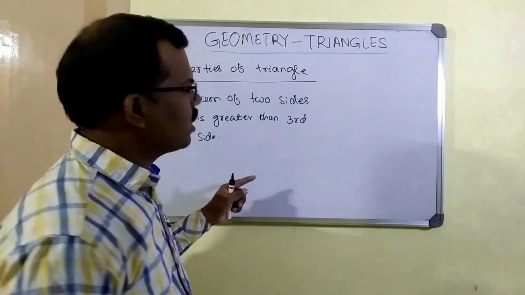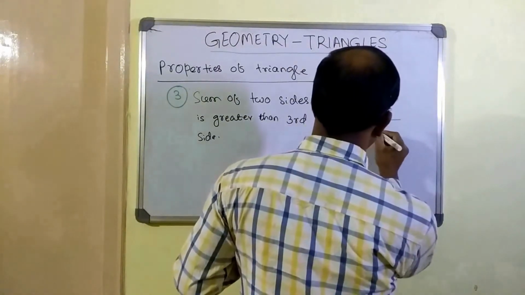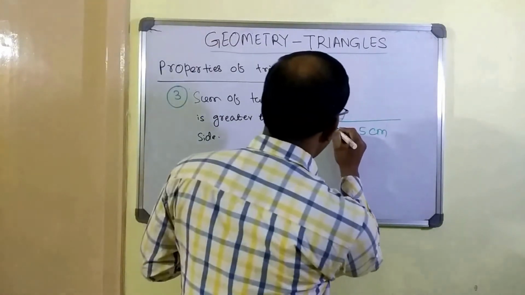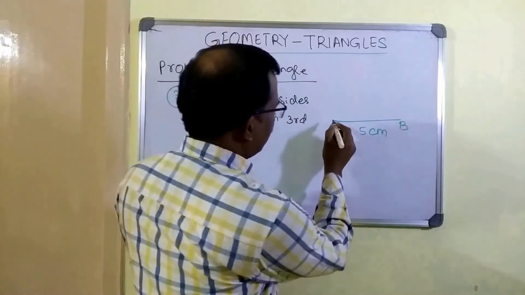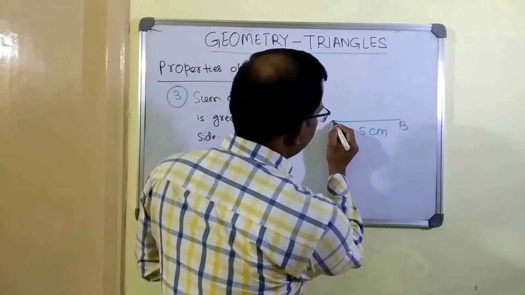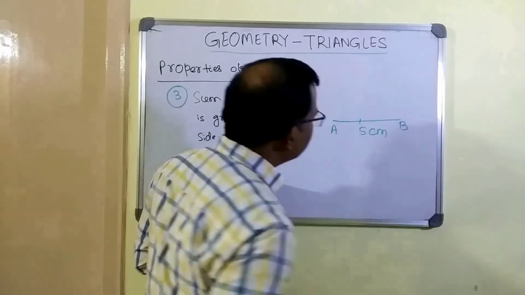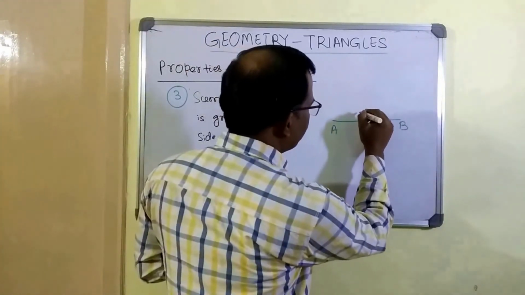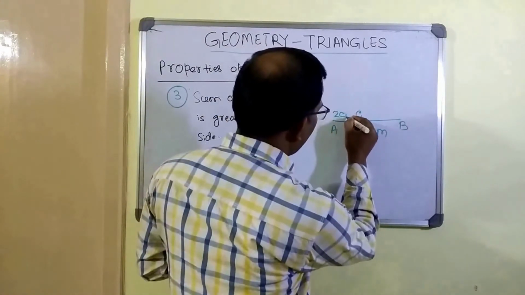To prove this, let us draw a line of 5 centimeter. And I am giving the endpoints as A and B. Let us try to draw a 2 centimeter line segment. I am marking a point which is C of 2 centimeter on the same line.